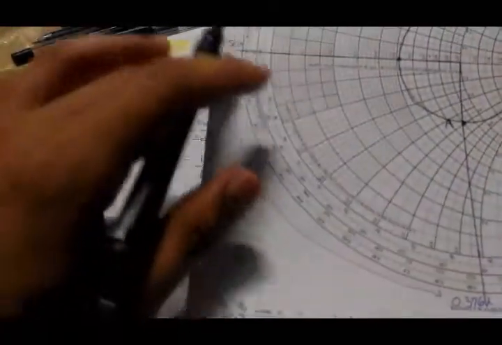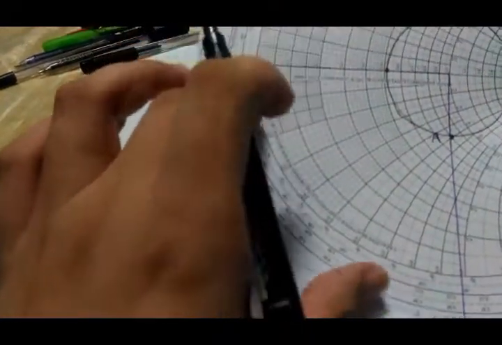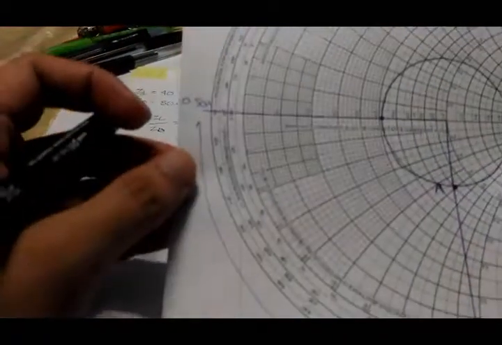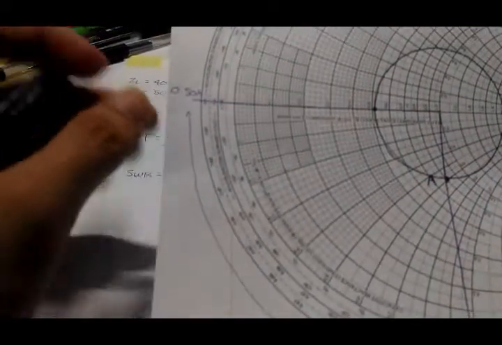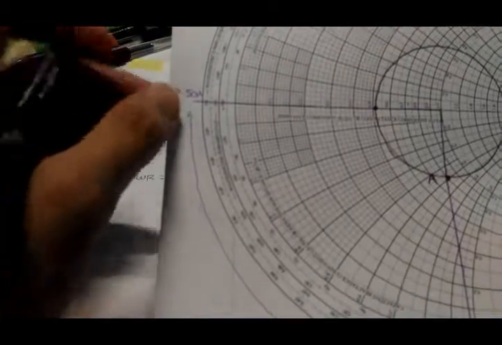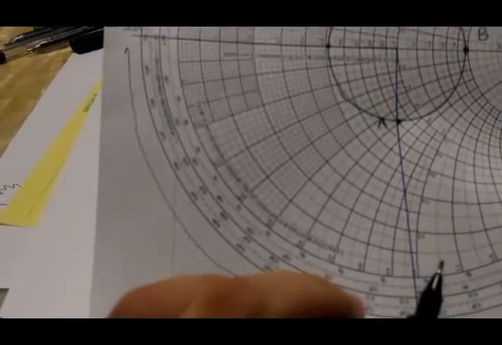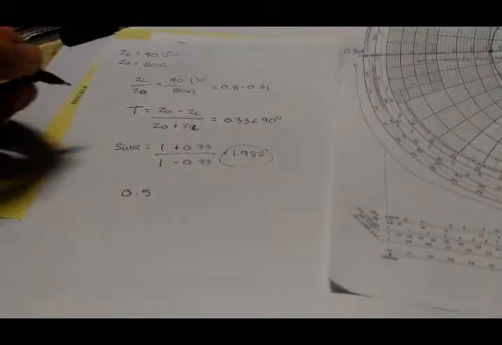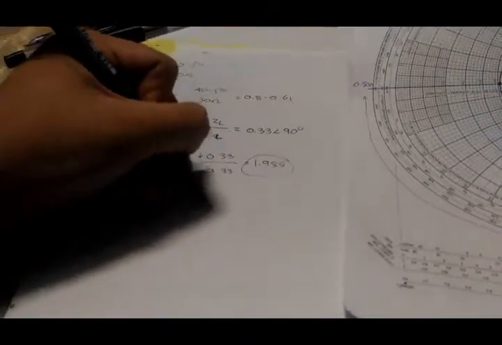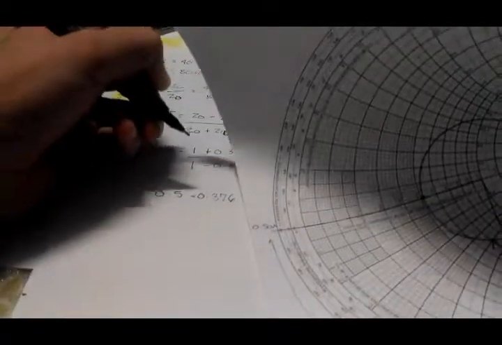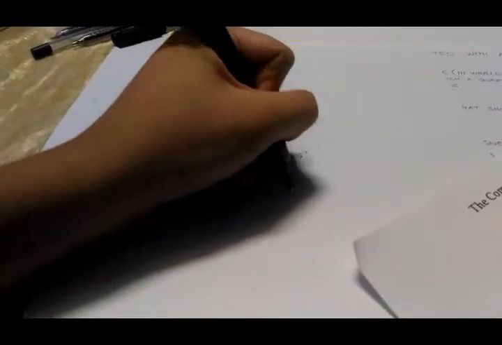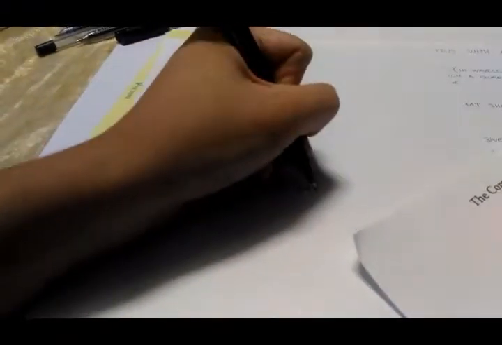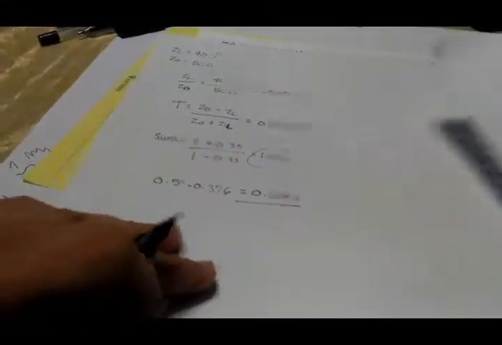After finding these two points, to solve for the distance, we just need to subtract 0.376 from 0.5, resulting in a distance of 0.124 in wavelength. Now let's try another problem.